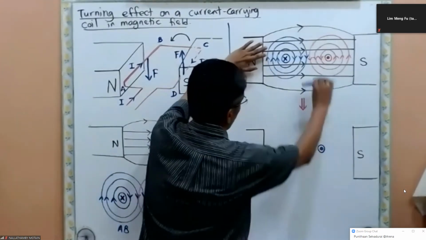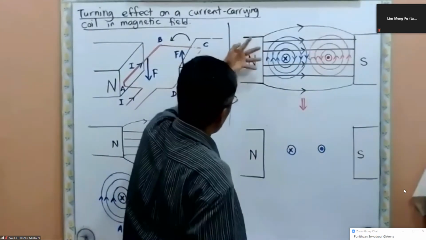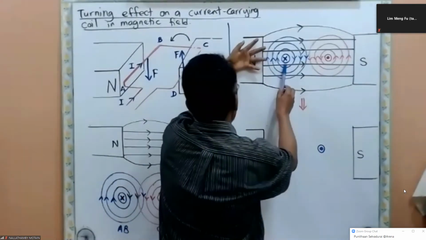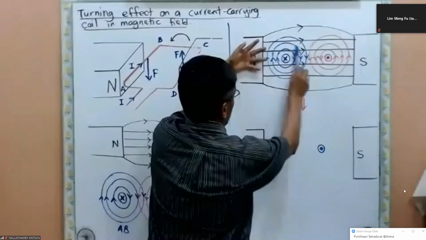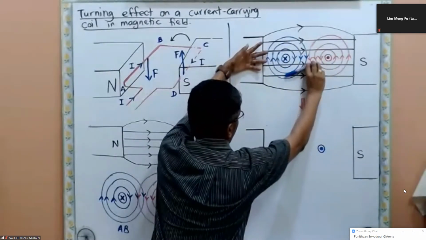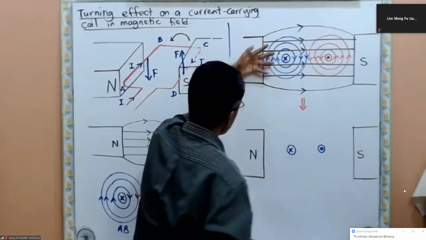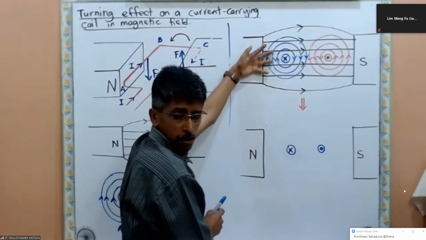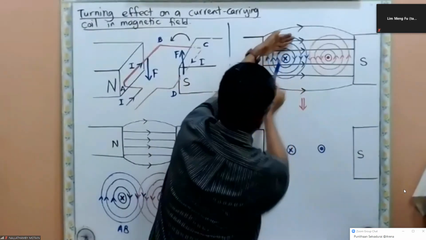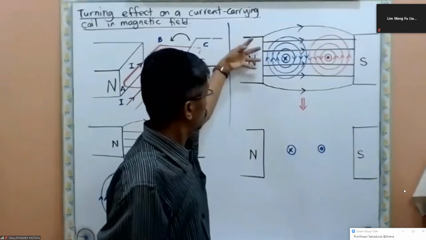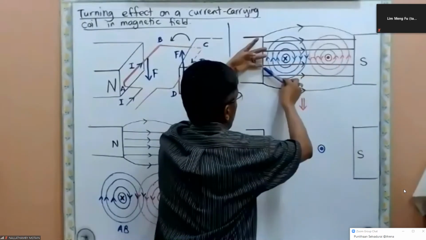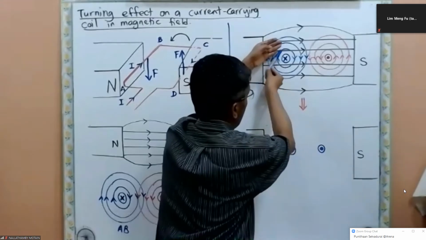And then here is the blue color. So when these magnetic fields combine with the magnetic field of the conductor, you can see over here is a curved path. What happens? These magnetic fields will be pushed to go up.